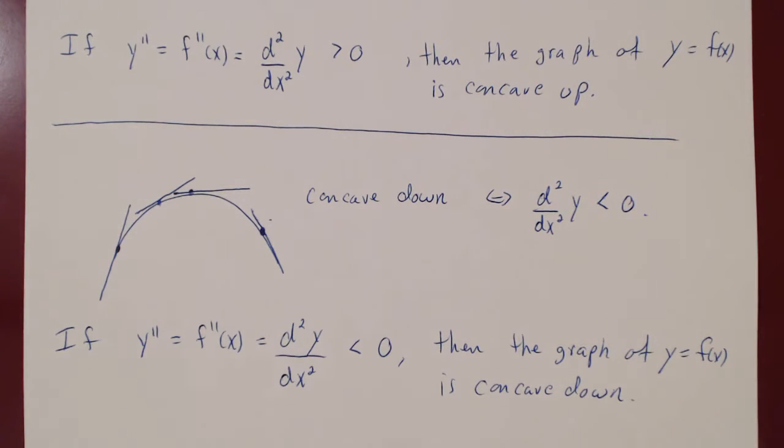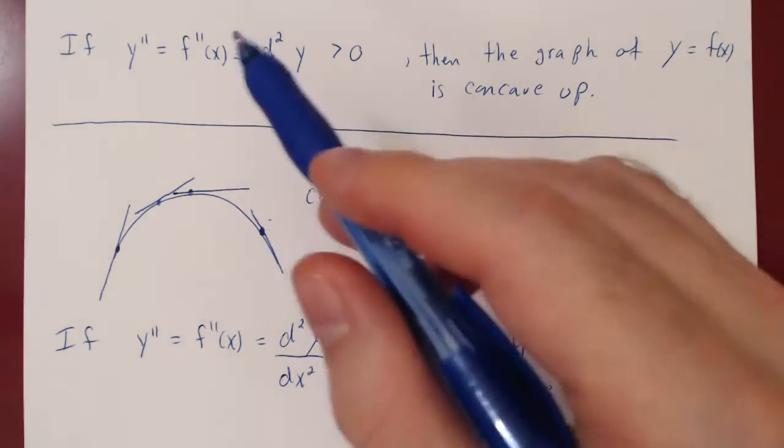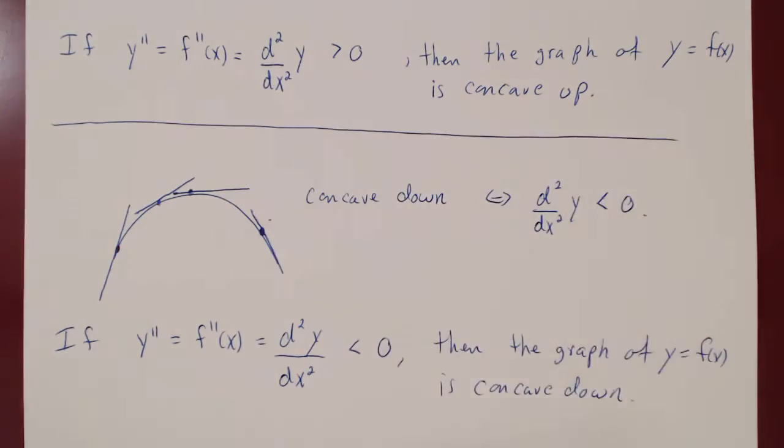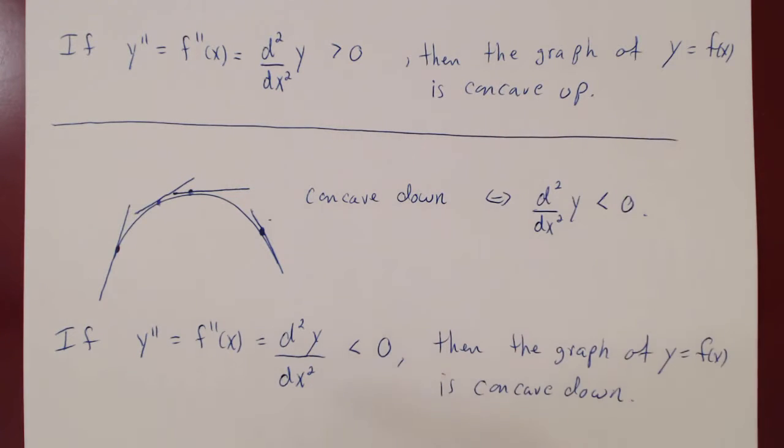And that's why the second derivative is so crucial to sketching the graph of a function. If all you have is the first derivative, all you know is whether or not the graph is increasing or decreasing, but you don't know the shape of the graph. And that's given by the second derivative. If the second derivative is positive, the graph will be concave up.